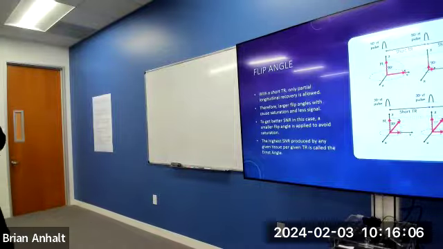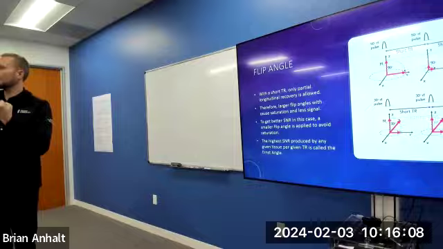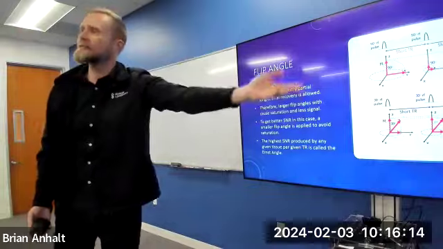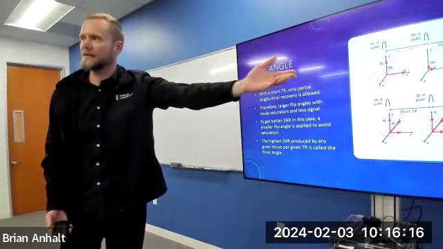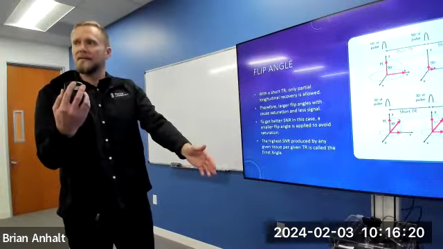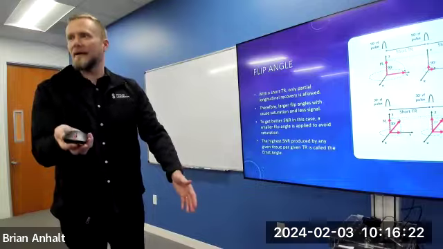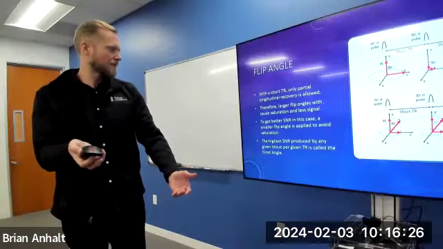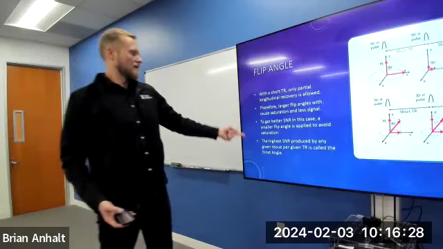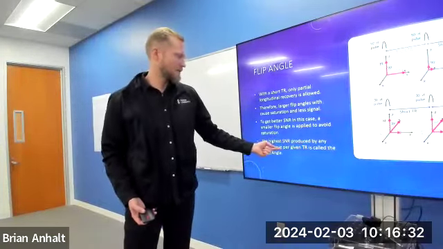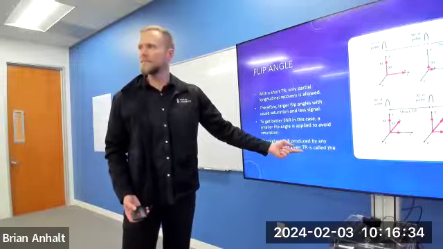And it's dependent upon that tissue's T1 recovery time. With a very short TR, fat still might recover back fast enough to where 90 is going to be the best SNR, right? But for tissues that take a long time, 90 might not be the best flip angle to produce the best SNR on a short TR. The Ernst angle is the highest SNR produced by any given tissue per given TR.